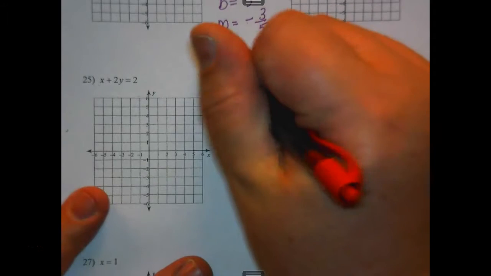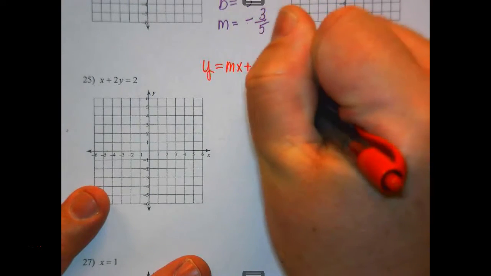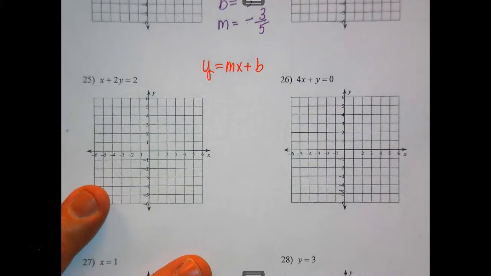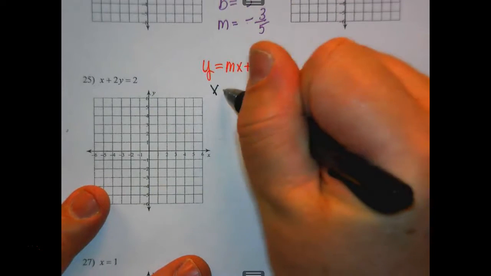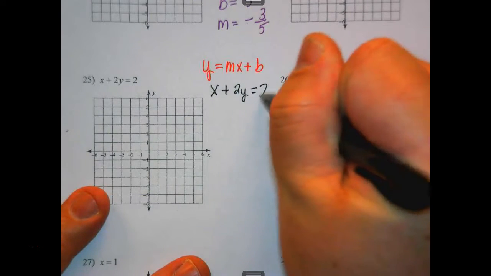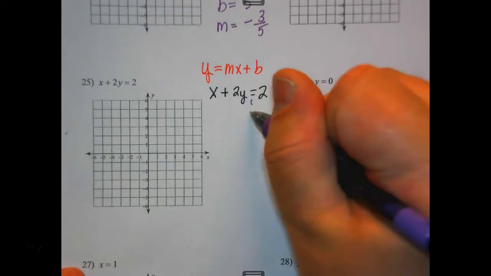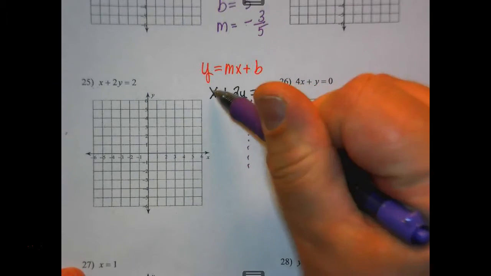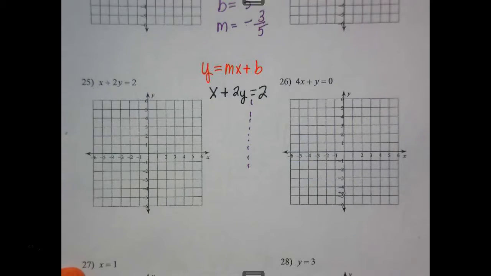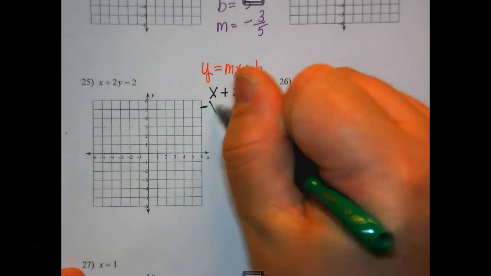Again, I have to get it in y equals mx plus b. So I have x plus 2y equals 2. First thing I'm going to do, get my x term over there. Yep, going to subtract the x from both sides.